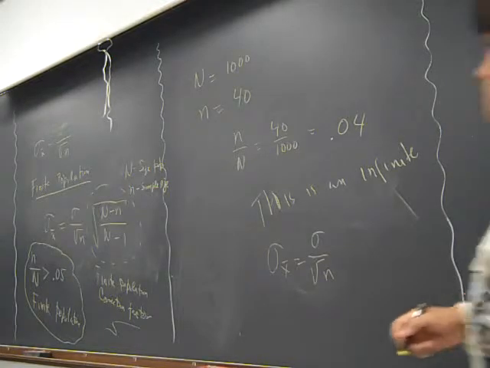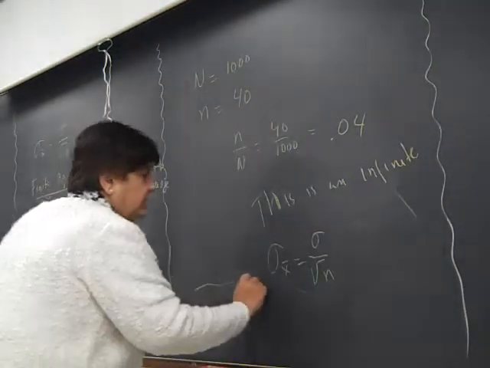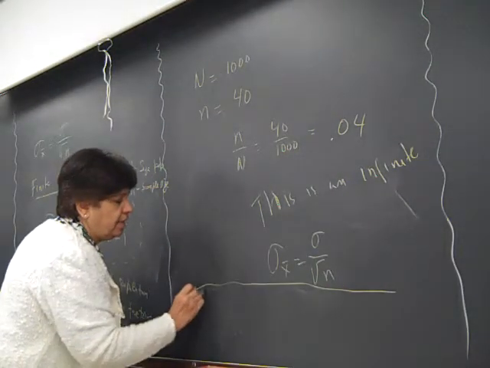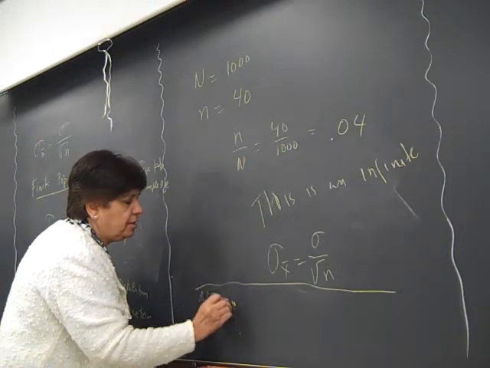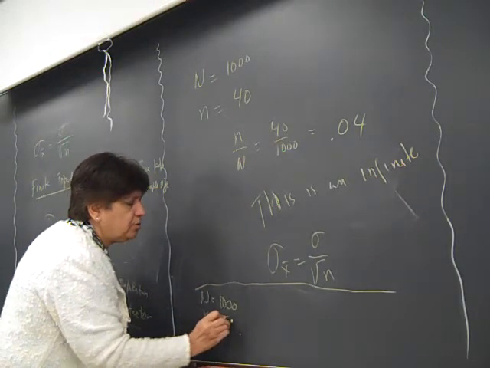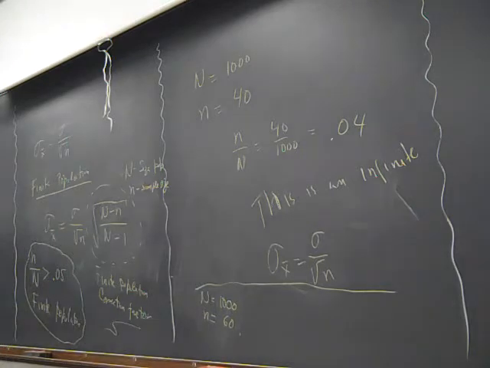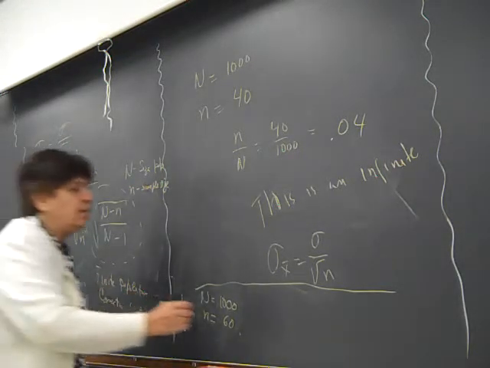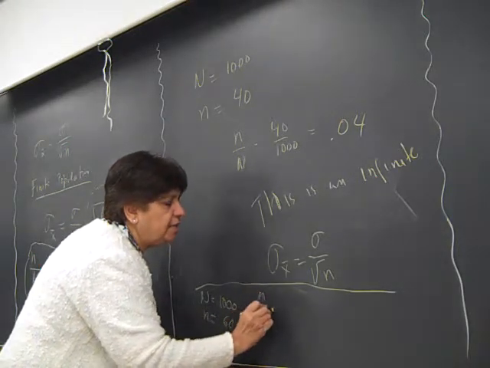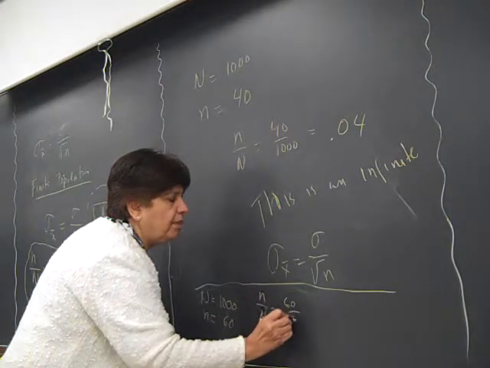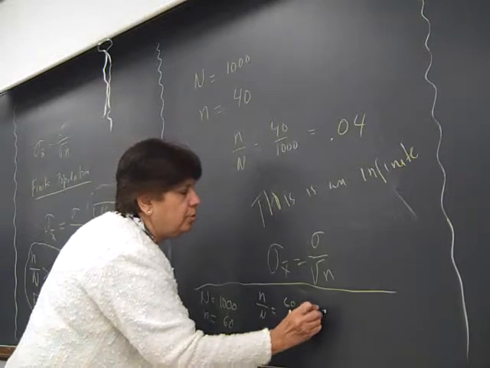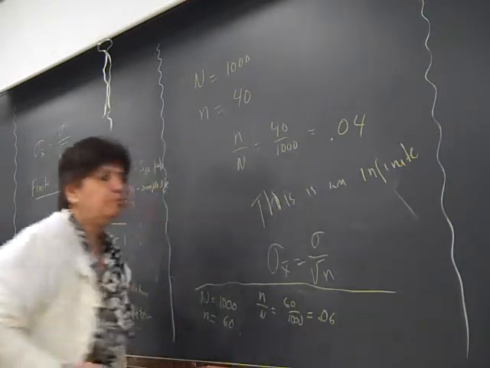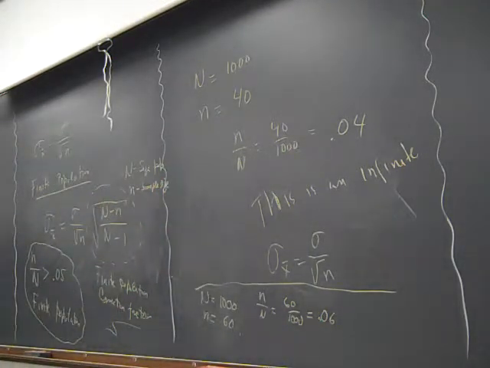What happens if, under the same circumstances, N is equal to 1,000, but lowercase n is equal to 60, my sample size is equal to 60? What is going to happen? n divided by N is 60 divided by 1,000, and that is equal to 0.06. Is that greater than 5% or 0.05? It is.